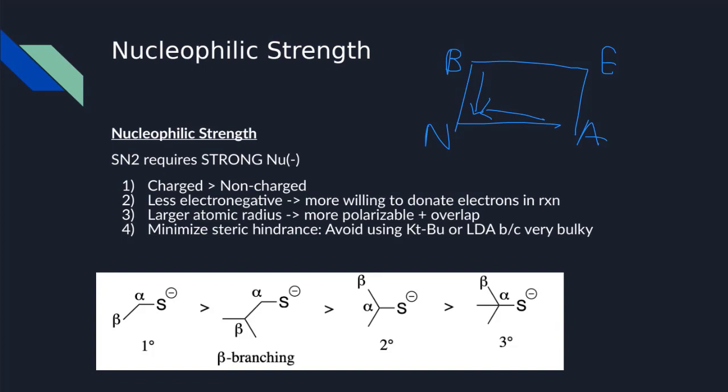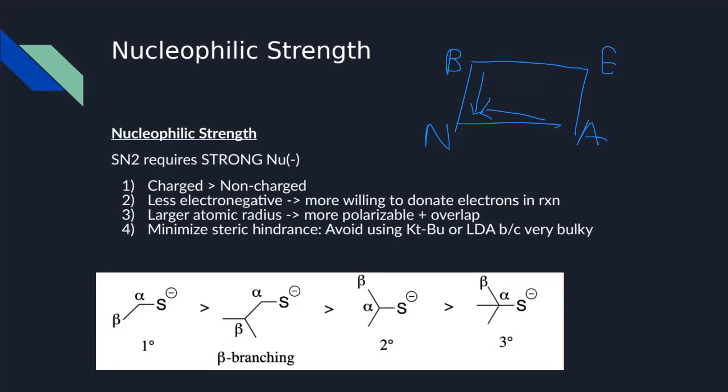And finally, something to consider is that we don't want a very bulky nucleophile. We want something that minimizes steric hindrance. It's going to be small, able to get into those spaces such that it can come in and do a backside attack. Like when you're trying to be sneaky, you're not going to send the hulking soldier. You're going to send someone tiny to go investigate, a sort of sneak attack.